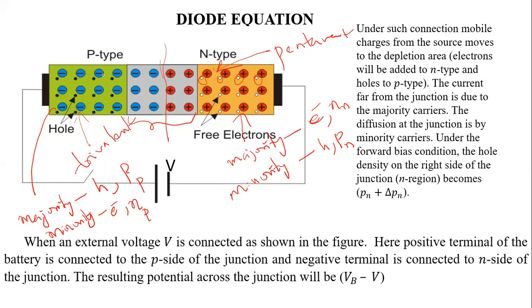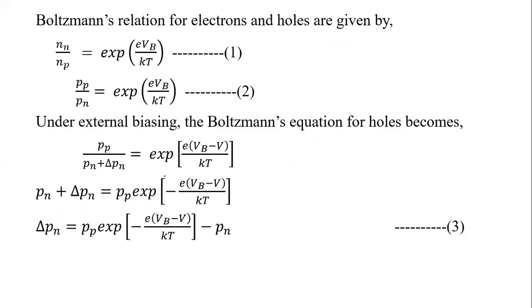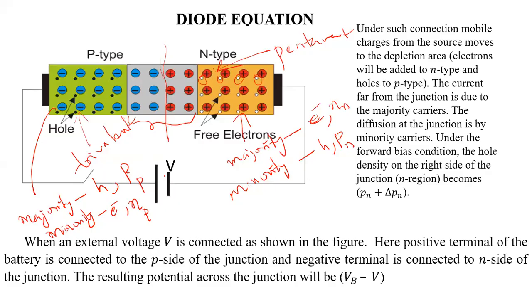Now, if you connect a battery such that the positive terminal of the battery is connected to the p side and the negative terminal is connected to the n side, this connection is called forward biasing.